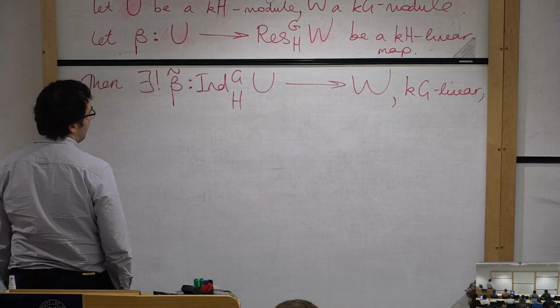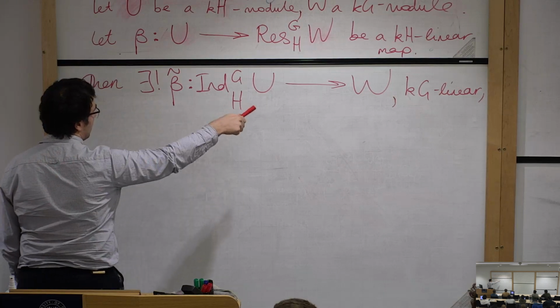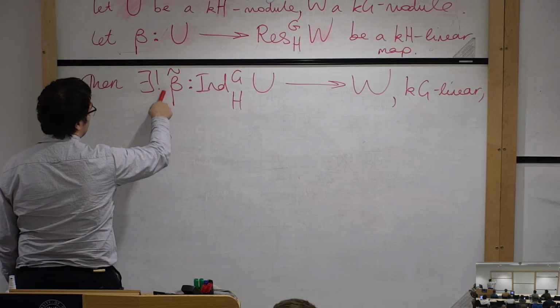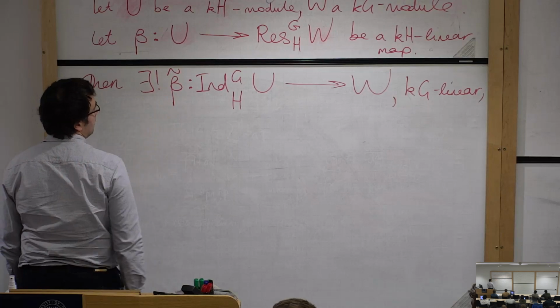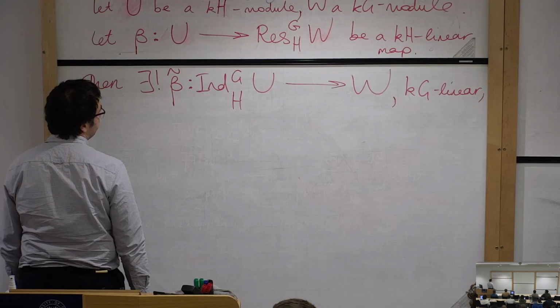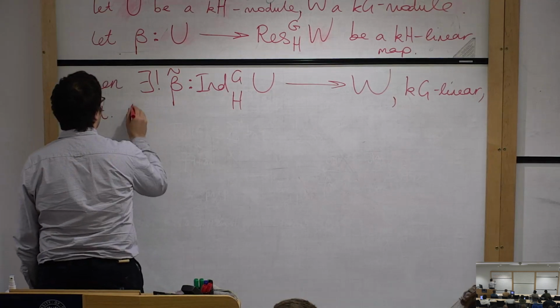Well, it's no good to say that there exists something which is kG linear. It also should be unique, but unique only with respect to some condition, such that the following diagram commutes.